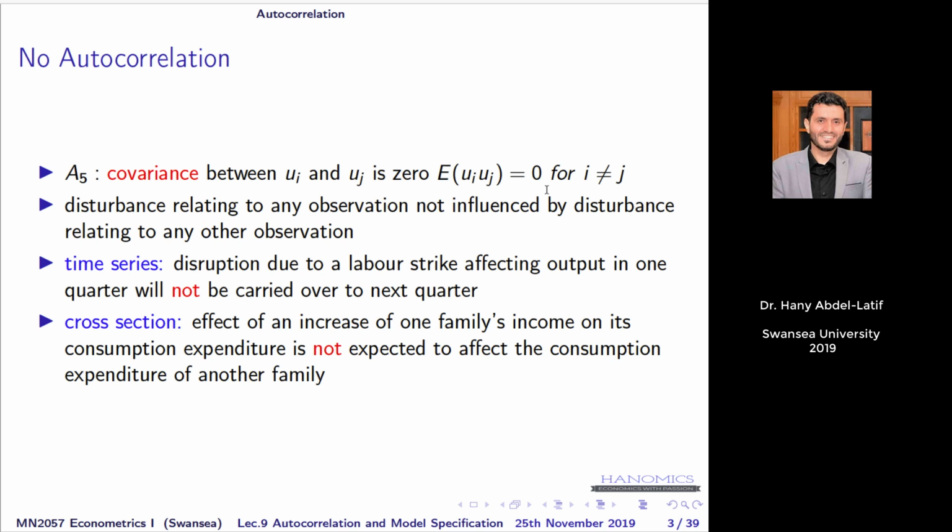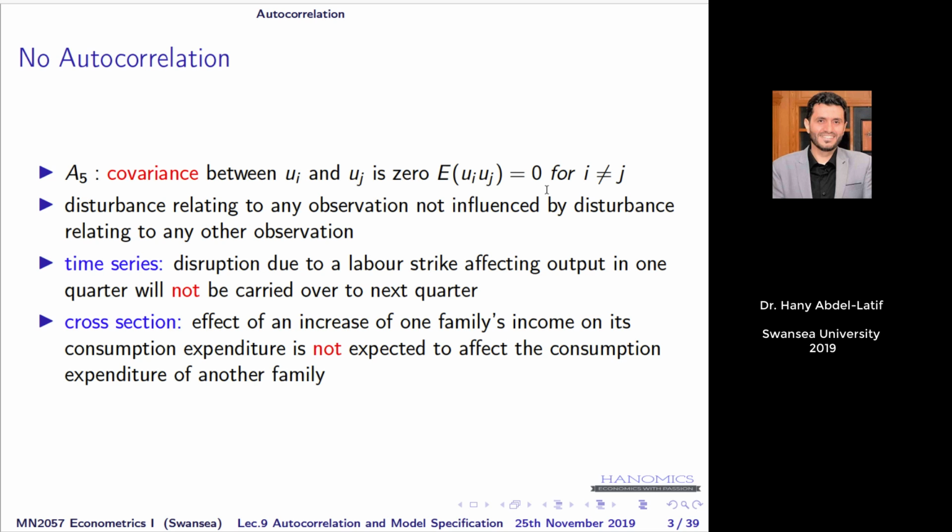Cross-section data has no time: it's one point in time, and you collect data for a large number of units. Panel data has both dimensions: a large number of units, that's cross-section, over time, that's time series.